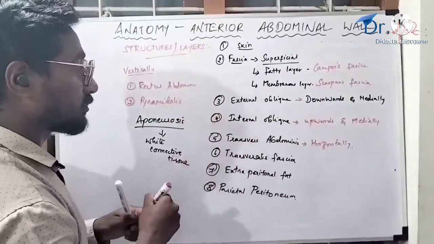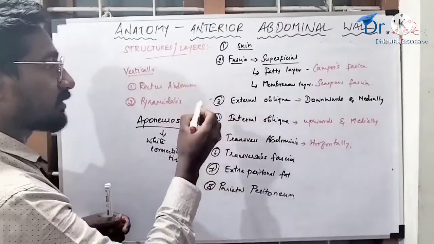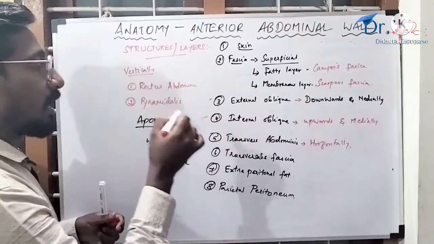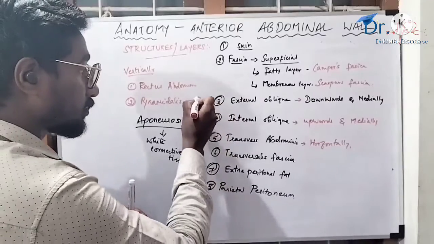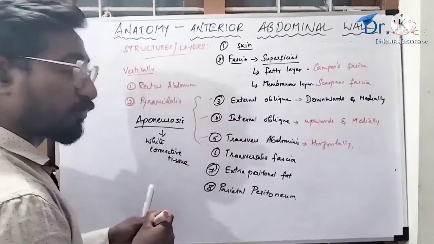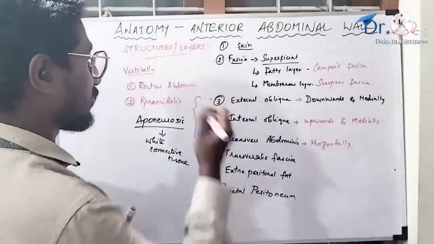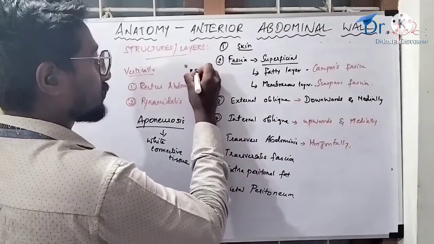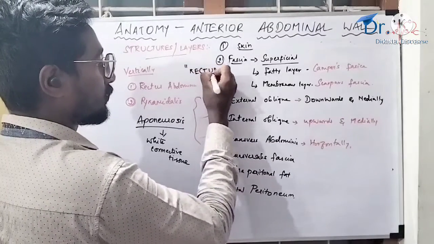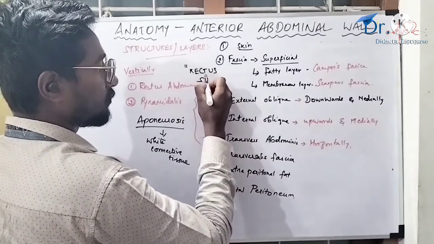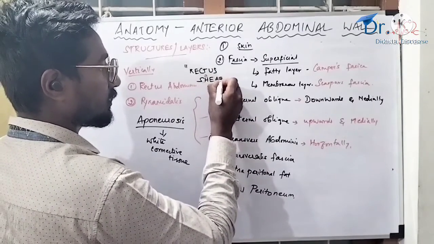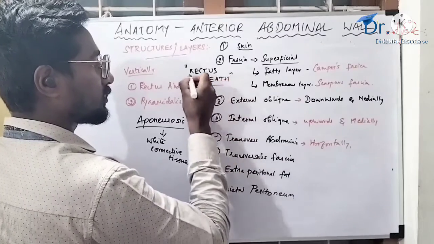So you have the aponeurosis of the external oblique, the aponeurosis of the internal oblique, and the aponeurosis of the transverse abdominis muscle. All these aponeuroses join together to form a sheath called the rectus sheath.